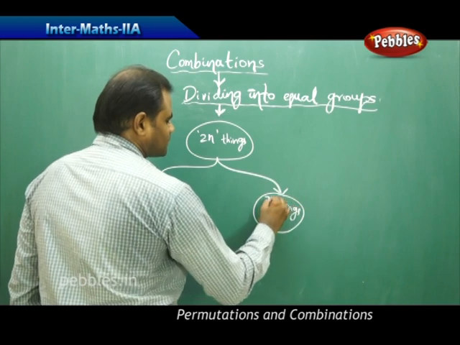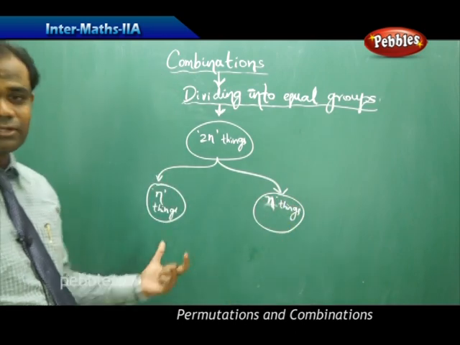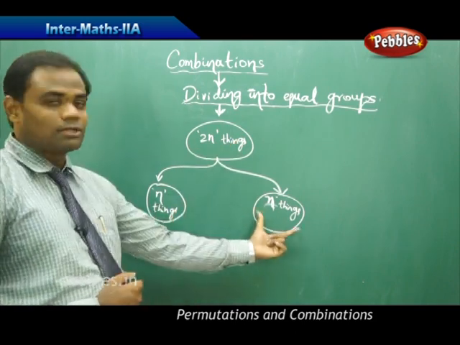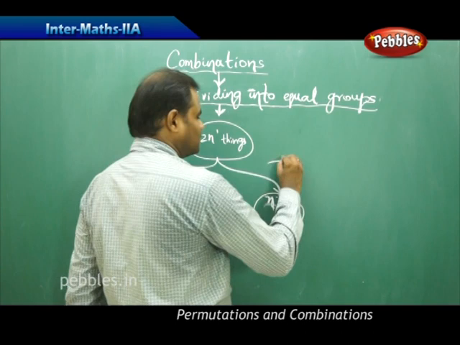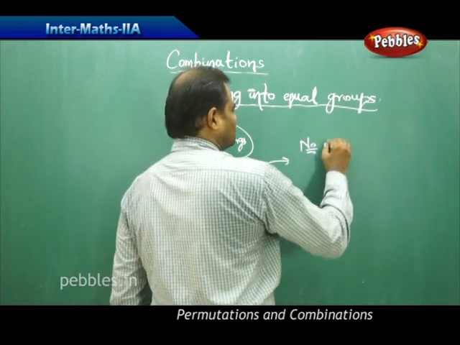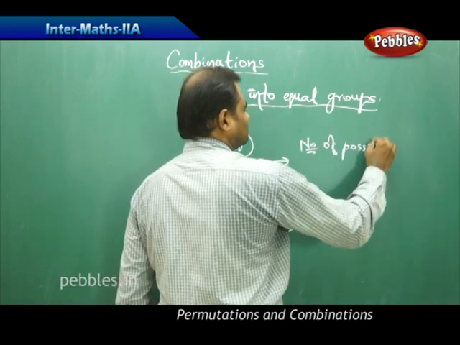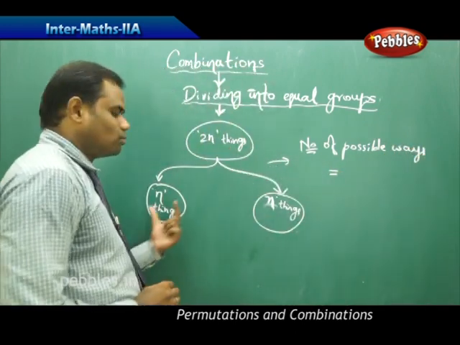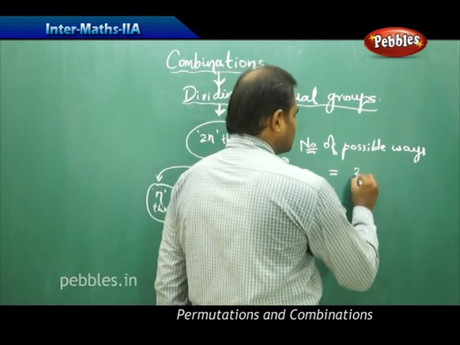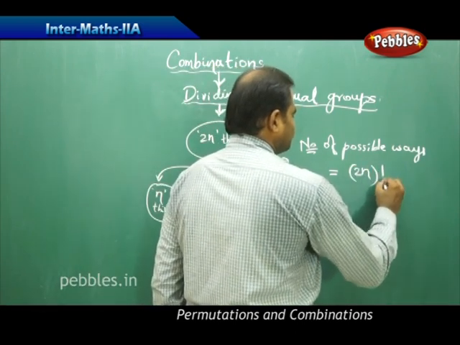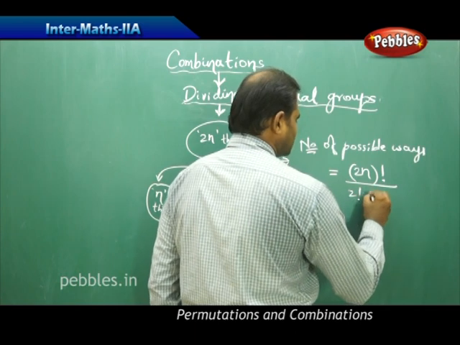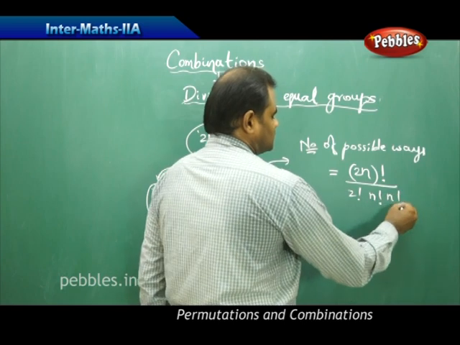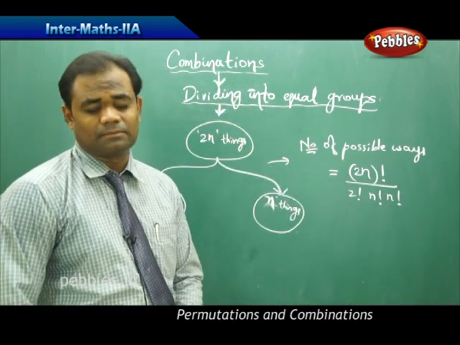Now therefore, in case of such a situation where I want to divide the original group into 2 equal subgroups, the number of possible ways of dividing the given group into 2 equal groups is given by the formula 2n factorial by 2 factorial into n factorial, and this is how we get the formula.